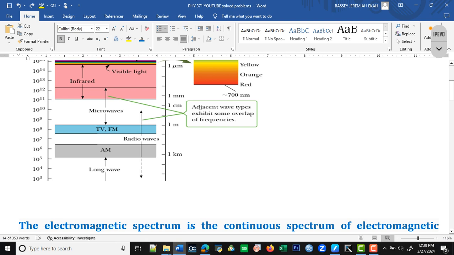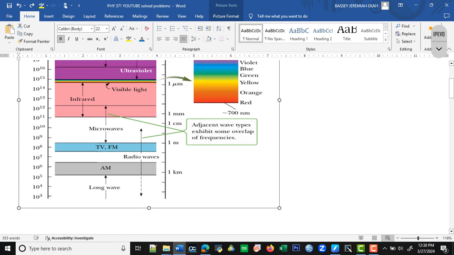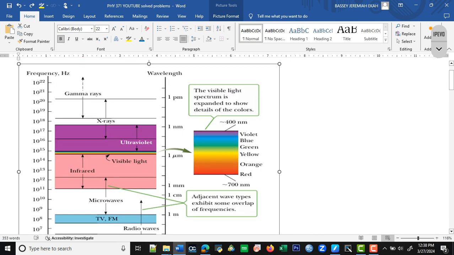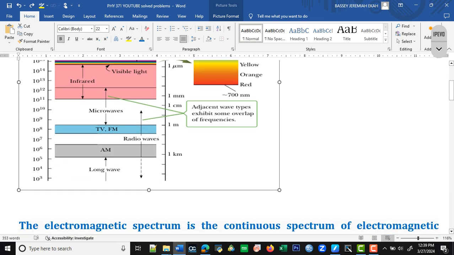If we are talking about increasing frequency, looking at the index here, 10 to the power 3, and then 10 to the power 4, 10 to the power 5, 10 to the power 6, 7, you now see that the frequency is increasing.